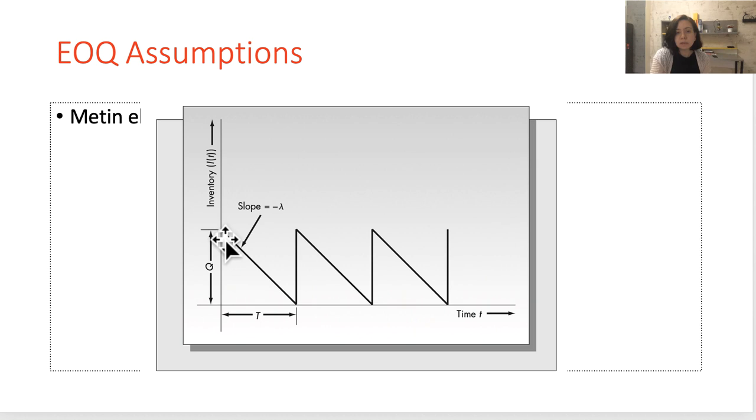Here we have a triangle area. Let's calculate this area. It is Q multiplied with T divided by 2. And then we will divide this area by T to find the average inventory level per unit time. Then we obtain Q over 2.